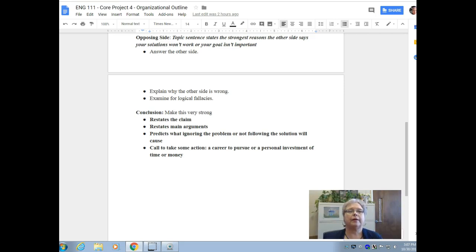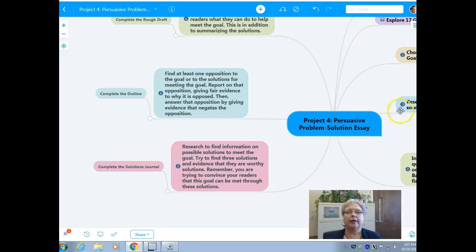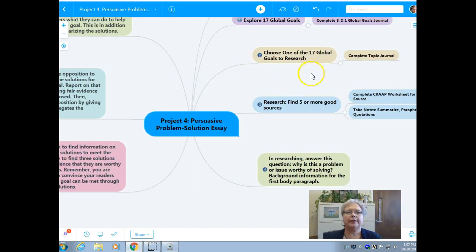Another thing that I mentioned on the middle page that we need to take a look at is the Project 4 map. So I pulled that up here. This is what we had on last week's too, and you can see all the things that we've done so far. We've been looking for background information.